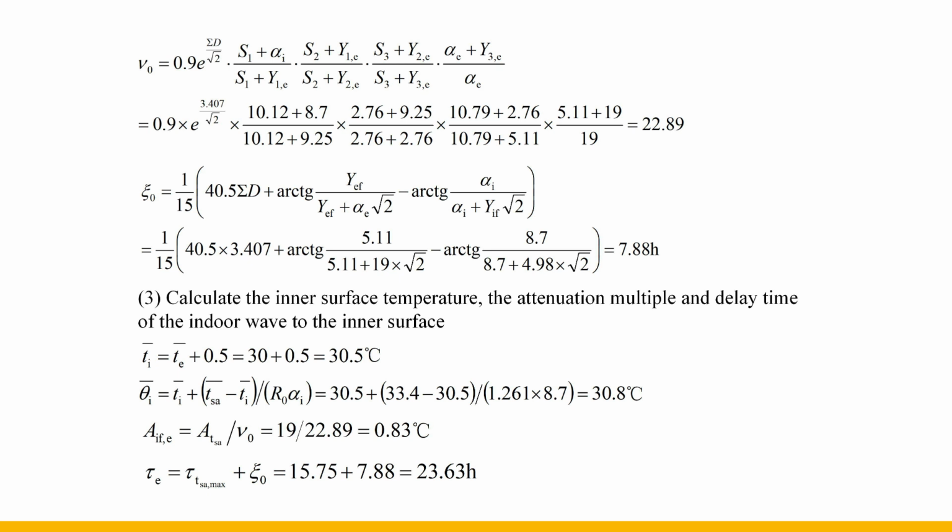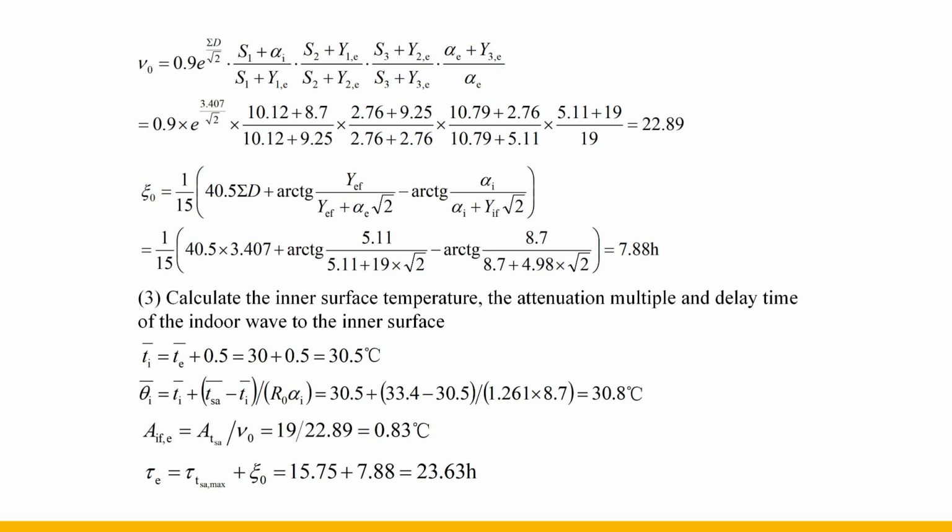Step 3. Calculate the inner surface temperature, attenuation multiple, and delay time of indoor wave propagation to the inner surface. Indoor average temperature is equal to outdoor average temperature plus 0.5, which is equal to 30.5 degrees Celsius.